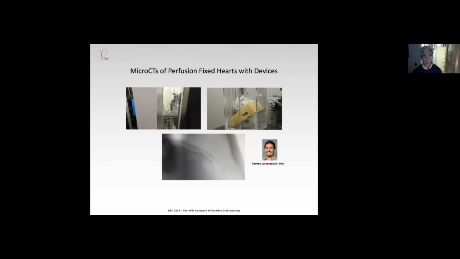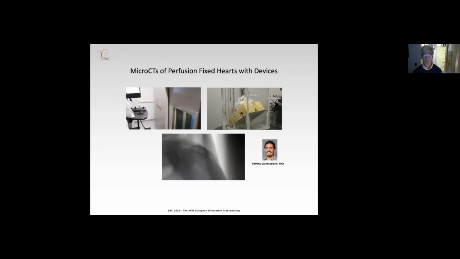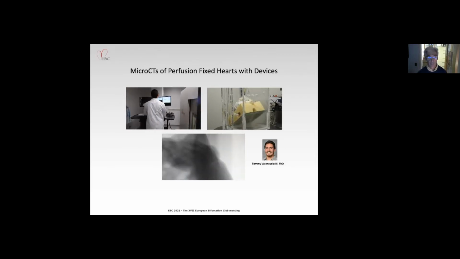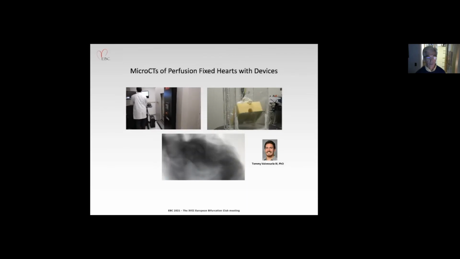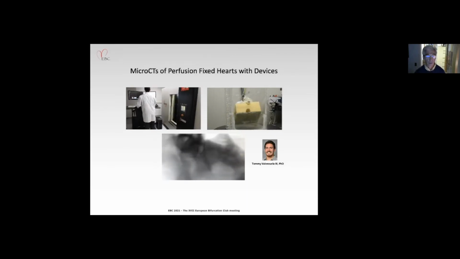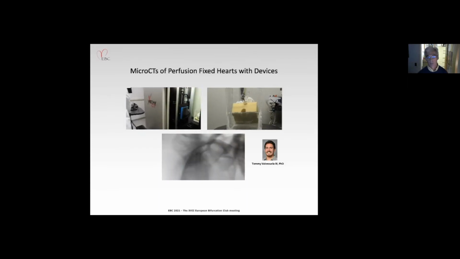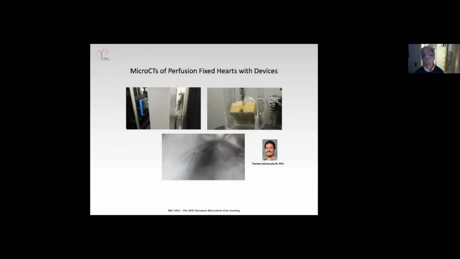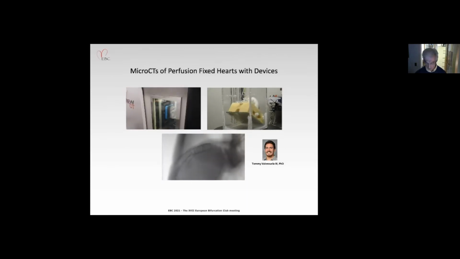This was a bifurcation stent, 2-stent, looks like a Culotte procedure. And then you're using the right energies and intensities, and you're getting down to 10 to 20 micron resolution. You can then take those DICOM files, put them into imaging software, using Materialise Mimics software, and make computational models.